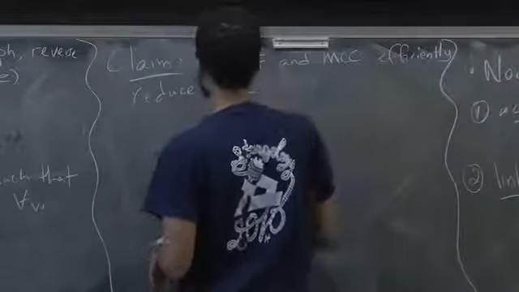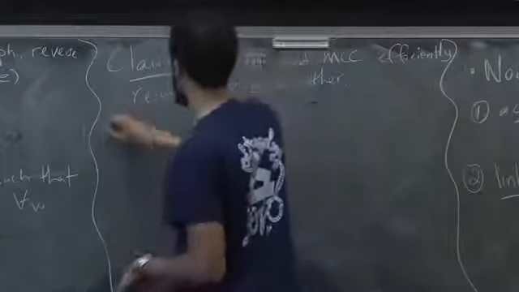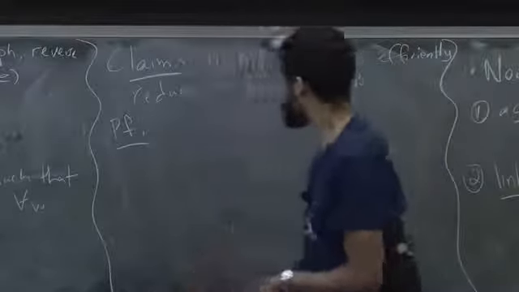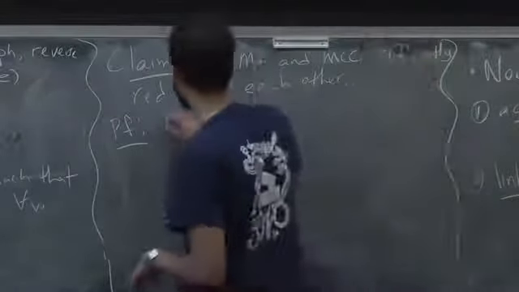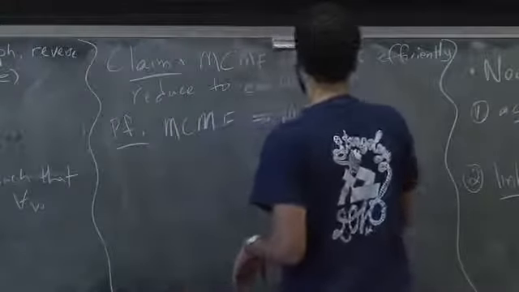So you only really need to focus on one. So proof. Suppose you can do min cost max flow. Why does that imply that you can do min cost circulation?